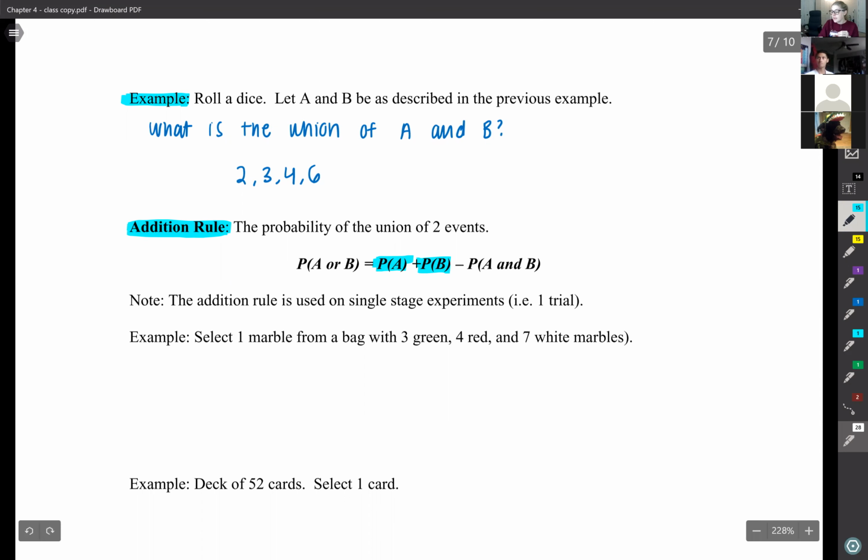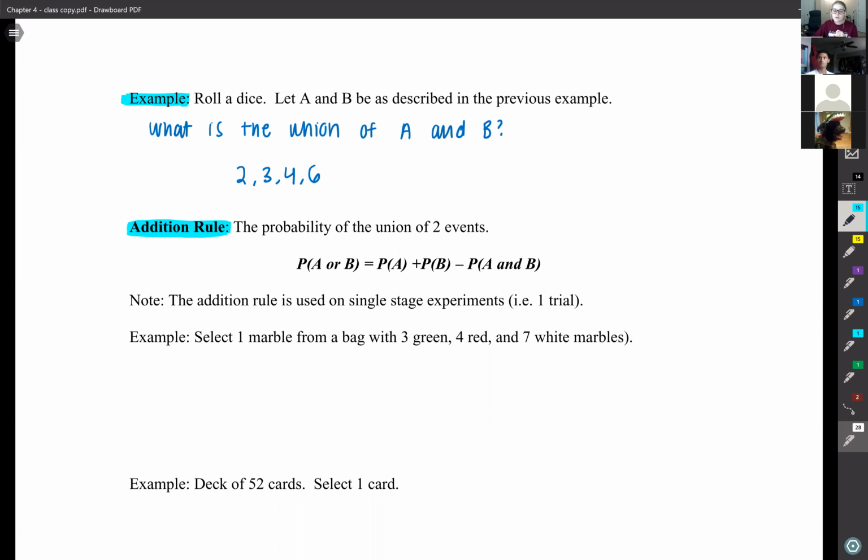So if we add together the probability of A and the probability of B, we have to subtract out the probability that both of them happen, because if we don't, it's almost like we're double counting events. The reason you subtract out their intersection is because you've already accounted for it when you added the probability of A and the probability of B, and you don't want to double count any events. So logically, that's why this makes sense.